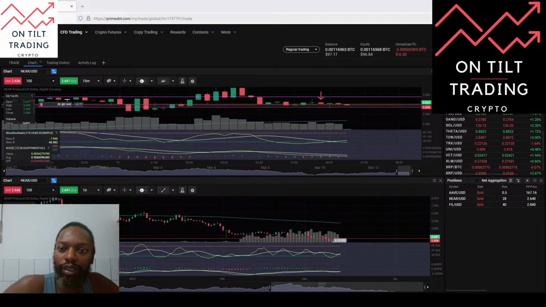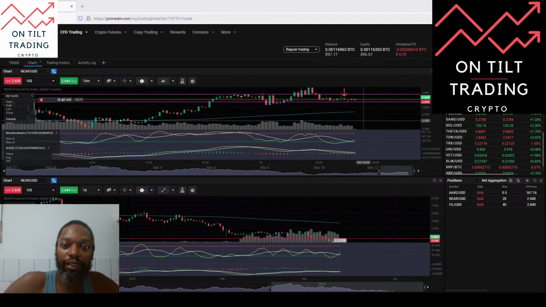So this morning, I was trying to pay better attention to my volume profiles on these currency pairs, and trying to do a better job of spotting trade opportunities based on that volume profile.